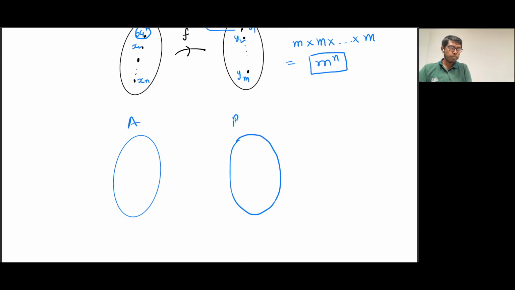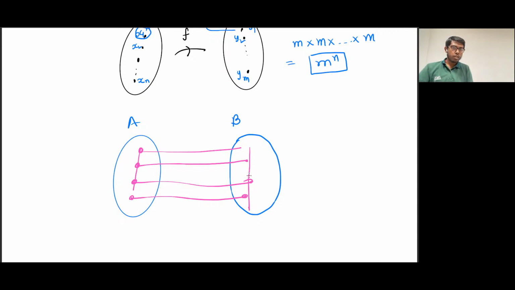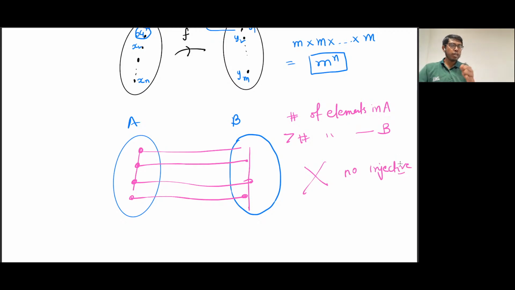If the number of elements in A is bigger than the number of elements in B, then we don't have any injection, because we have a shortage.